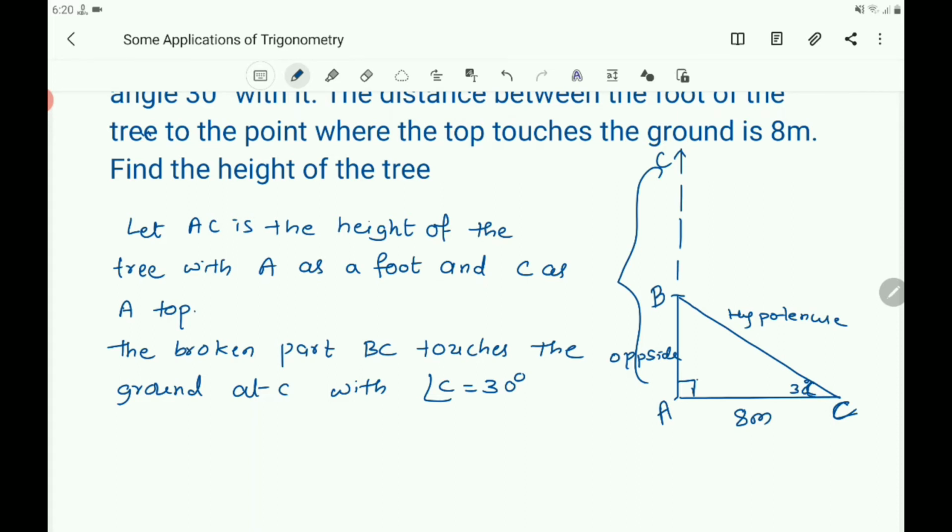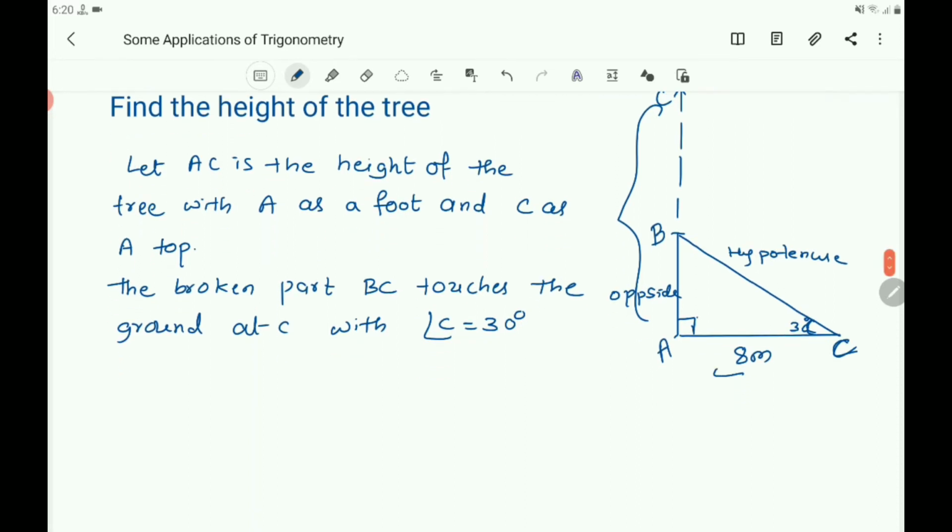Now you must use AC to find AB and also to find BC, and the ratio having the opposite side and the adjacent side. With respect to the angle C, AC is the adjacent side. The ratio having opposite side and adjacent side, O by A, is the tan theta.